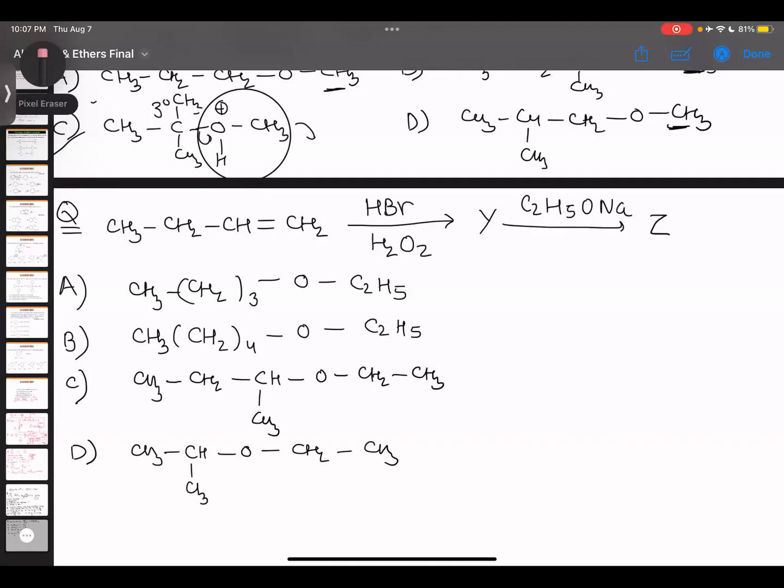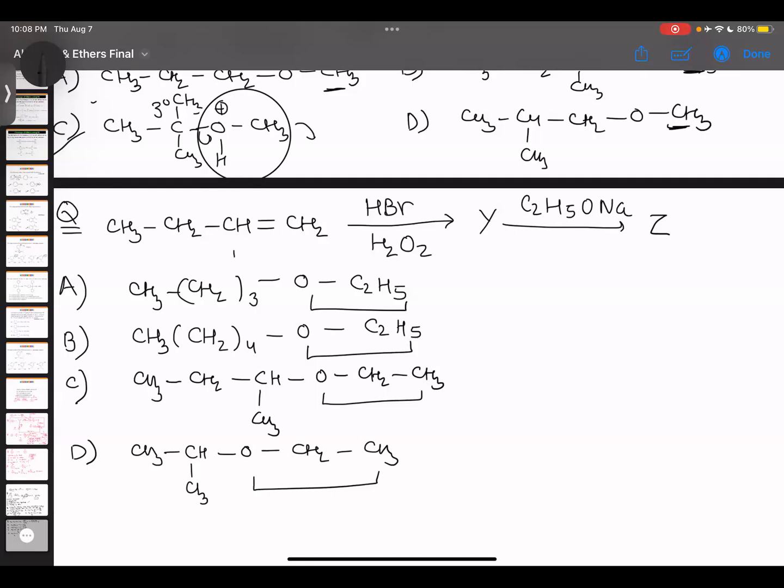And then that outer carbon's Br will be replaced by the ethoxy group. So you will have the ethoxy group. That is common in all four options, right? You just need to check where this Br is.